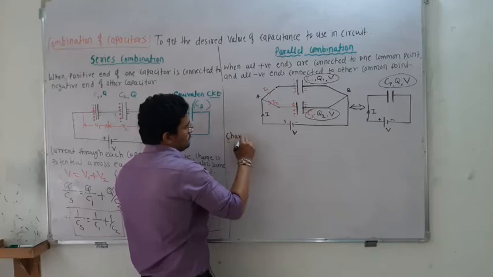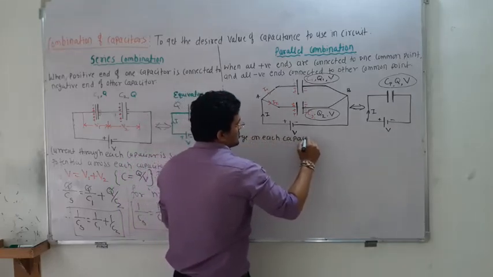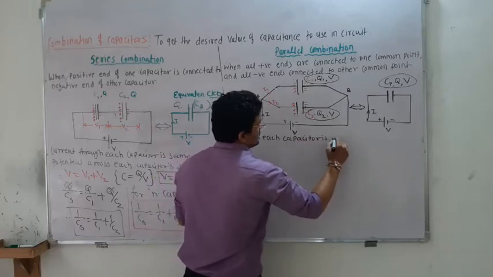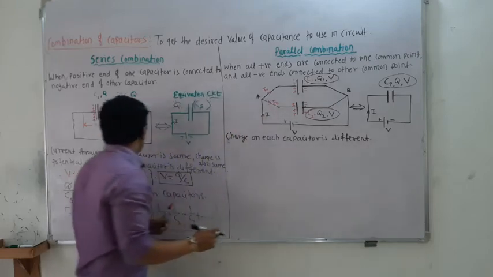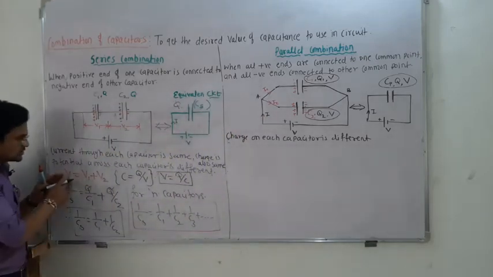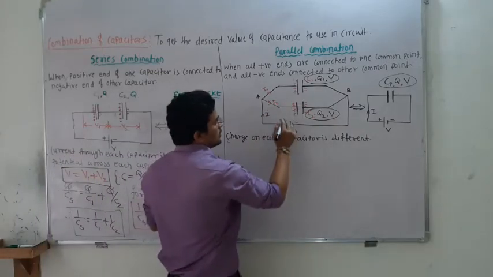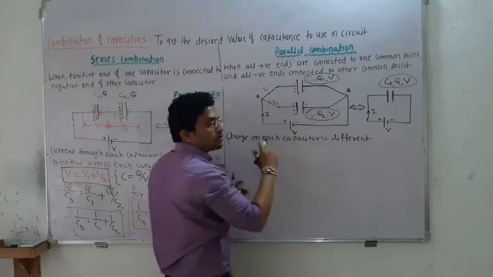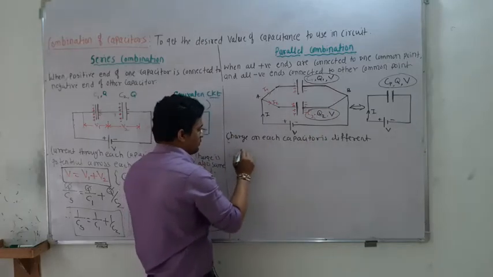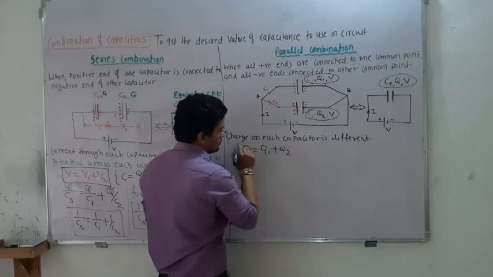Charge on each capacitor is different. Unlike the series case where potential is different, hence total potential is V1 plus V2, here charge is different. But if you add Q1 and Q2, you will get the total charge Q itself. Therefore Q is equal to Q1 plus Q2.